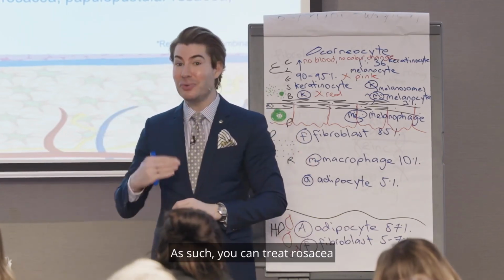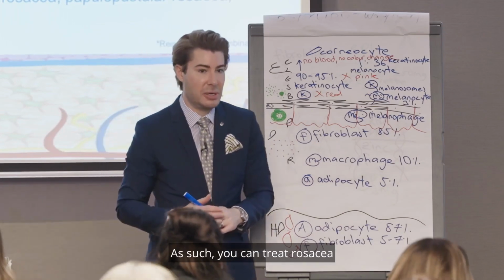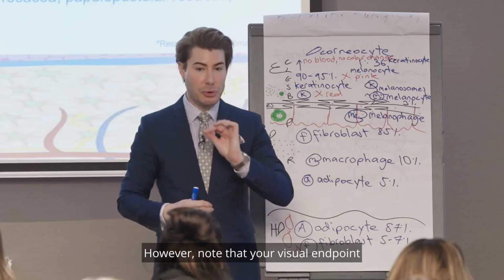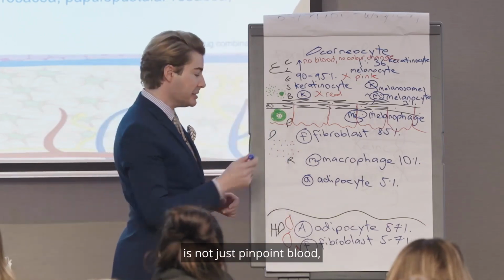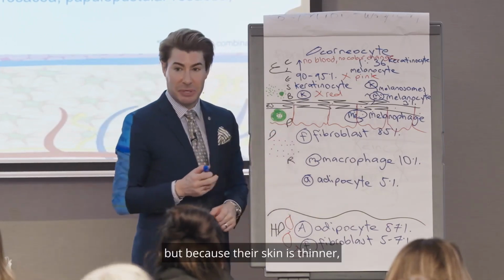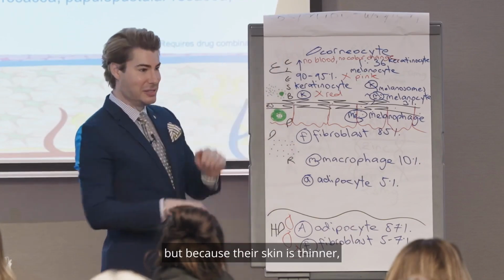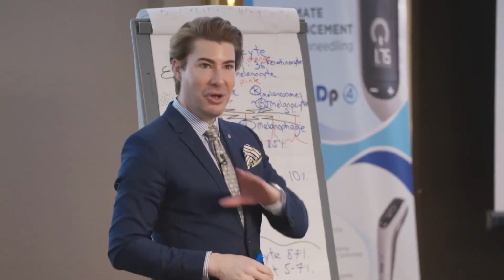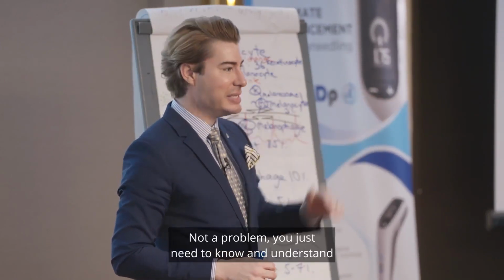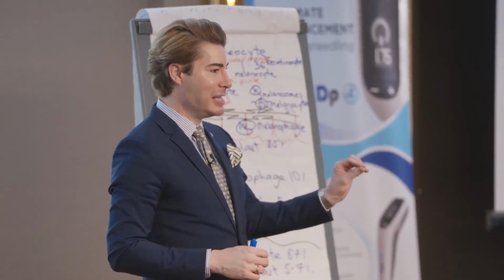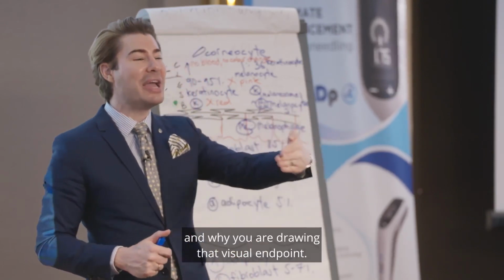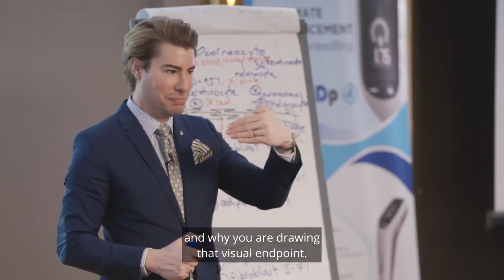As such, you can treat rosacea as part of your Dp4 treatment protocols. However, note that your visual endpoint is not just pinpoint blood, but because their skin is thinner, you will be able to draw pinpoint blood at a more superficial depth. Not a problem. You just need to know and understand how to customize, how to create a visual endpoint, and why you are drawing that visual endpoint.